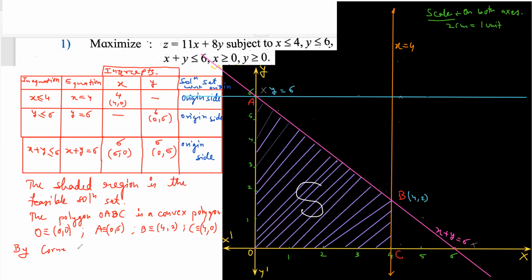You can either say corner point theorem or convex polygon theorem.